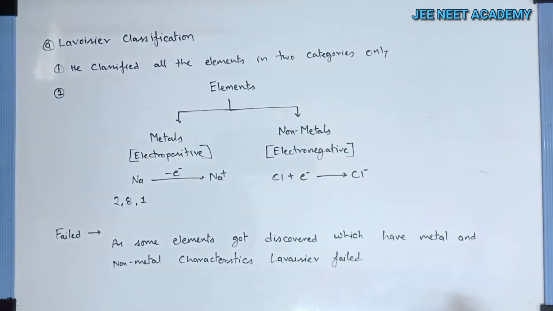Now the second scientist came with another classification, and second scientist was Dobereiner, and Dobereiner classified all the elements in triads.